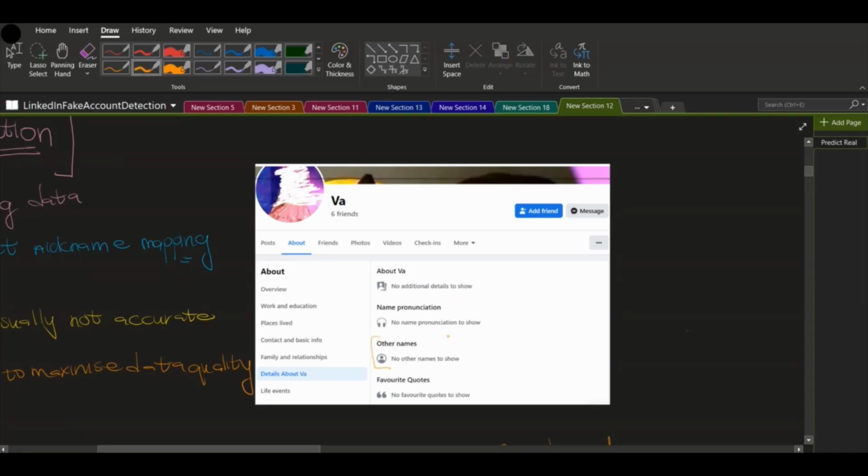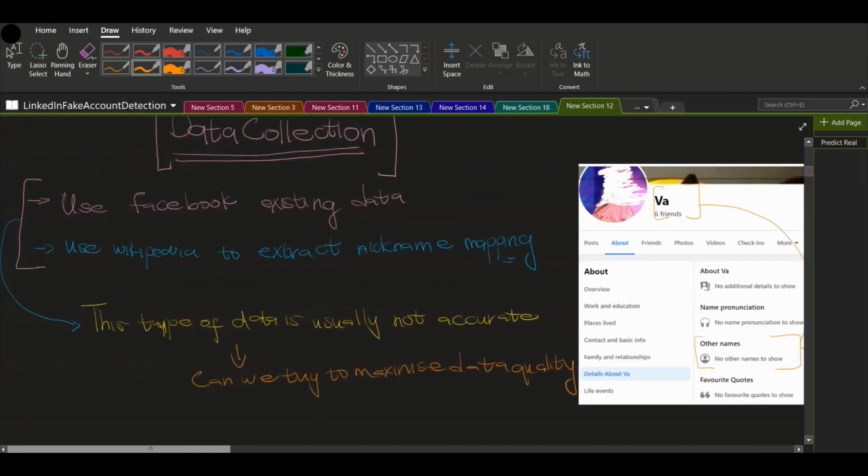So this could possibly be our source, because maybe this is a nickname or a real name, we don't know, but we can try to map that to this. That's one way, me thinking out of the box about how we can come up with the data. Another way is that we can leverage Wikipedia. On Wikipedia, there's a lot of data whereby they link a nickname to a real name.